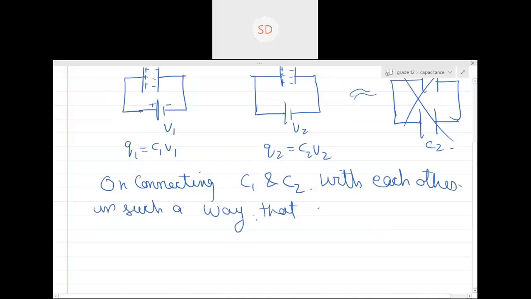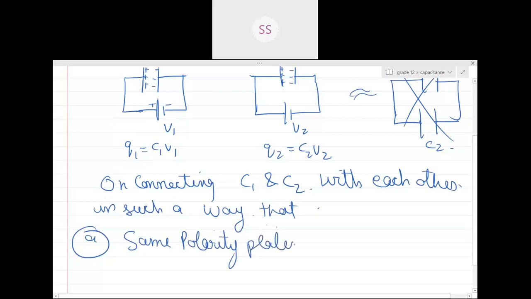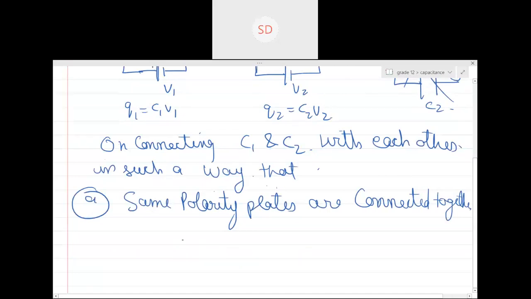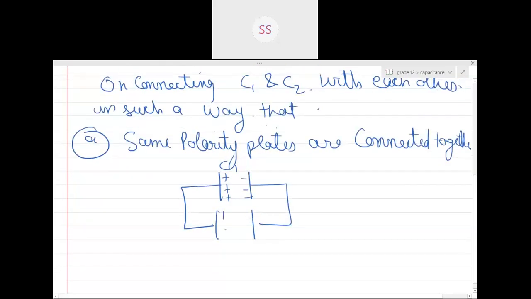I can connect in the first way, same polarity plates are connected together. So can you see same polarity plates are connected together? That implies the positive plate of capacitor 1 will be connected to the positive plate of capacitor 2.